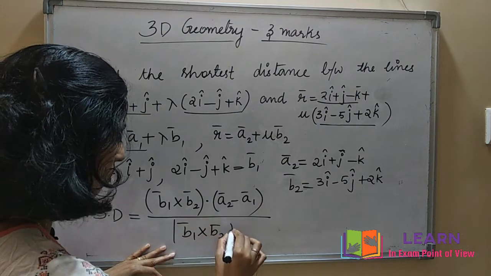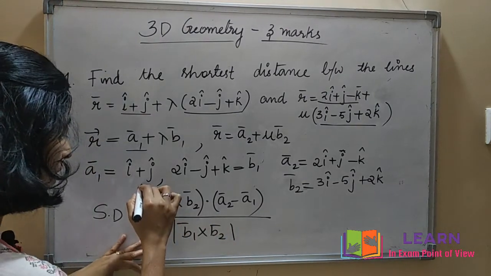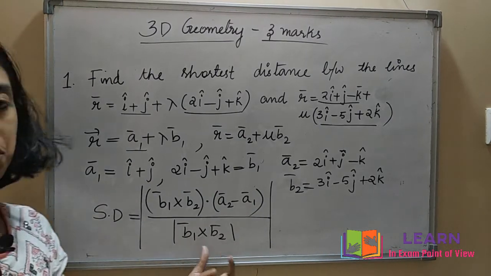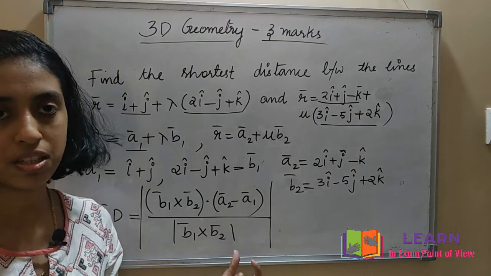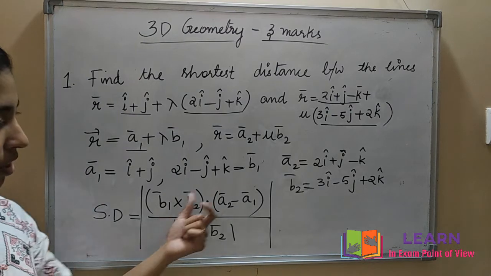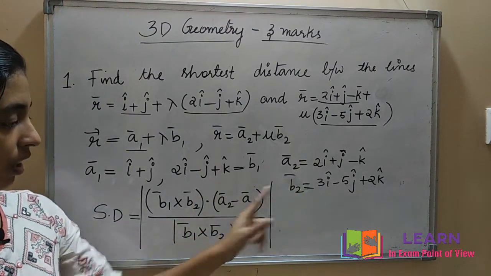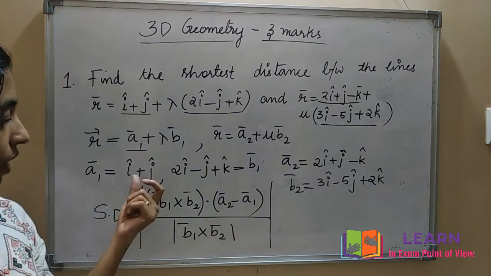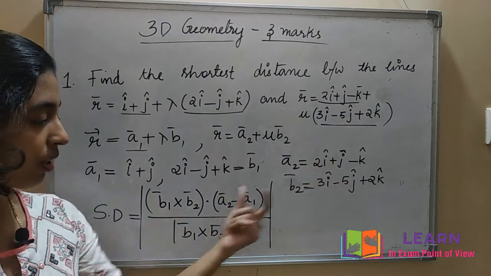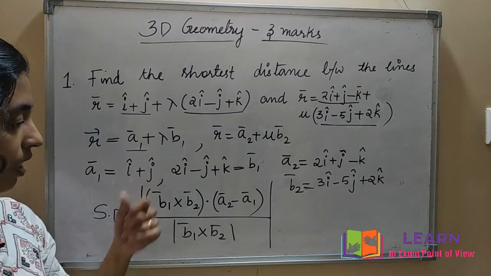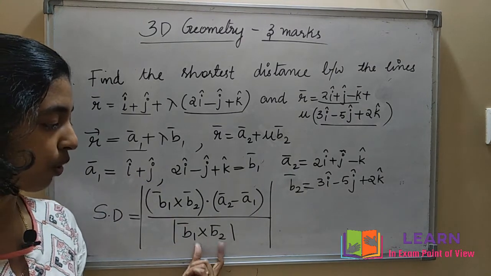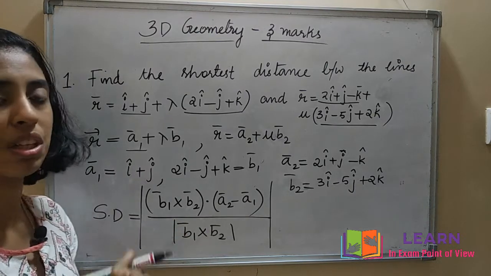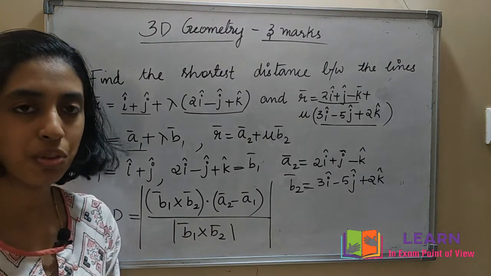Here in the denominator you take mod, and at last take the full mod. So this is the formula for calculating shortest distance. Here we have B1 and B2. Take the cross product of B1 and B2. Then A1, A2 vectors are there. Subtract A2 minus A1, then take the mod of this one. So first you do the calculations, then substitute in the formula. Okay.